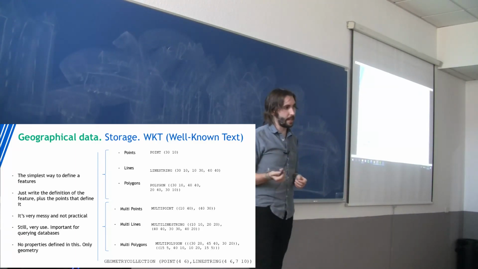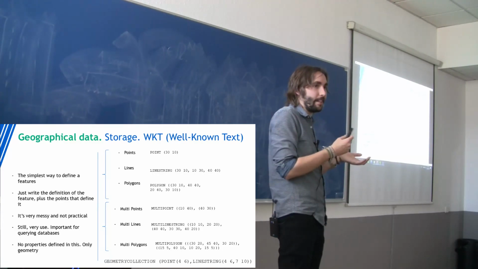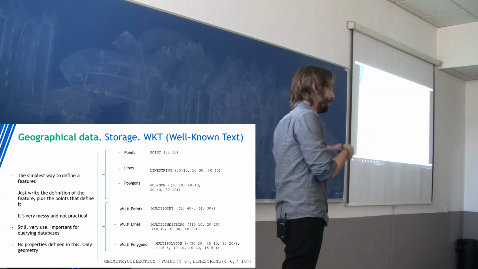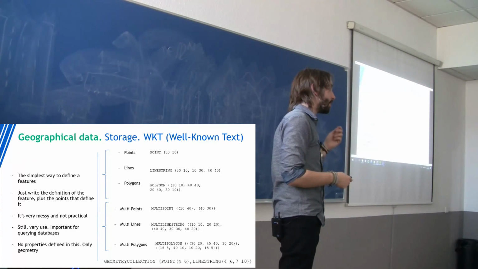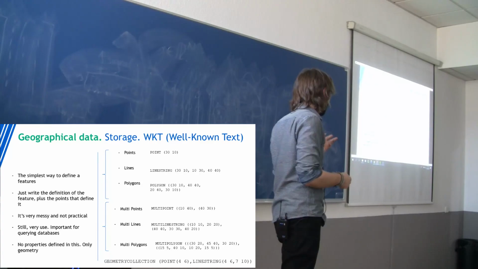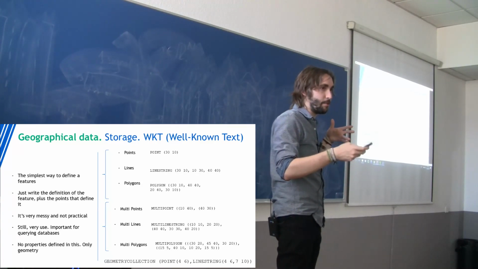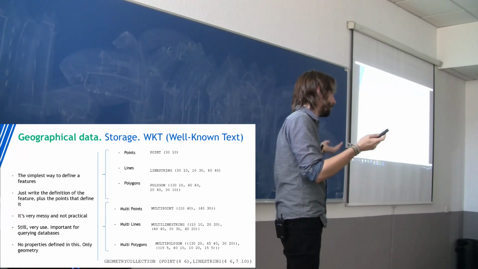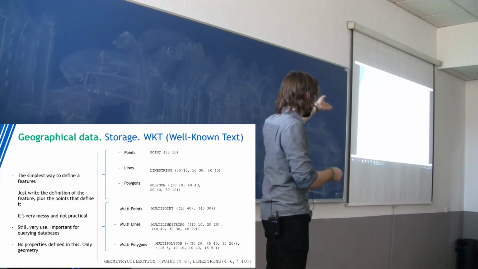What is the problem of this kind of representation? I mean, it's the simplest. It's just writing in a string the name of the keyword and then the latitude and longitude. But even though it's humanly readable, it's a mess if we have a huge database with a huge, for example, polygon. The polygon defining Spain, the shape of Spain, has a lot of points.